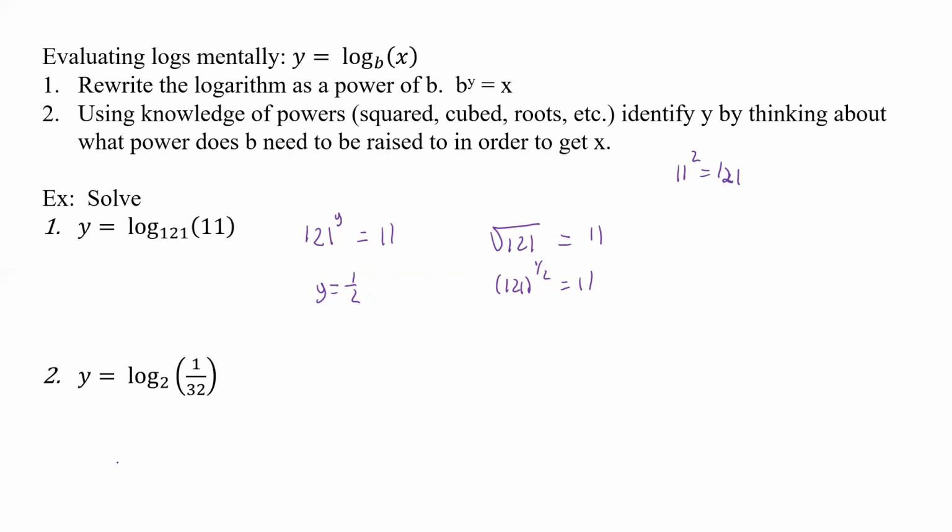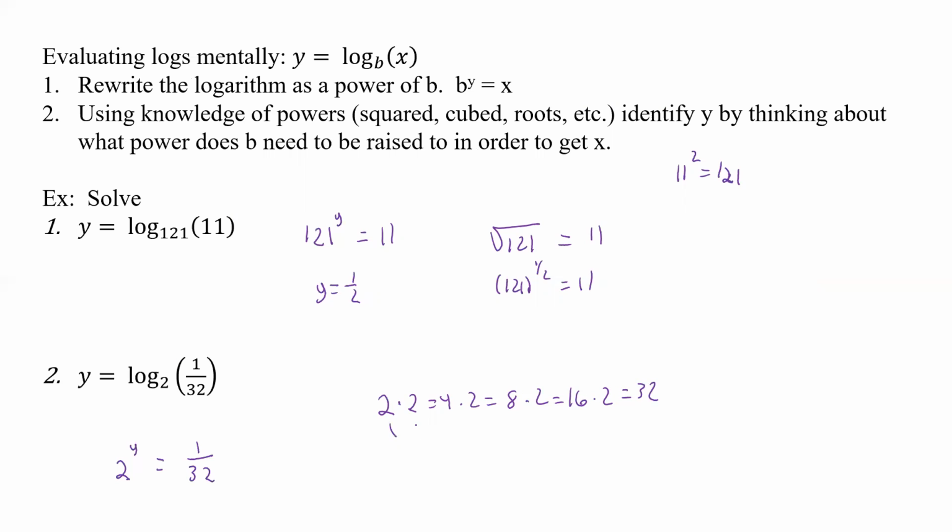All right, what about the next one? Well, we're going to take 2 to the y is equal to 1 over 32. All right, well, what do we have to do to get the 2 from being on top to going down below? Well, if we take it to the negative, we could get it to the bottom. Now, what do we take to get to 32? Well, 2 times 2 is equal to 4, times 2 is equal to 8, times 2 is equal to 16, and times 2 is equal to 32.